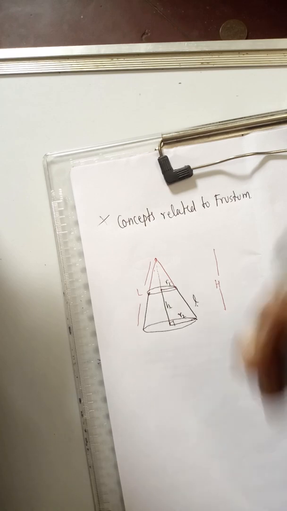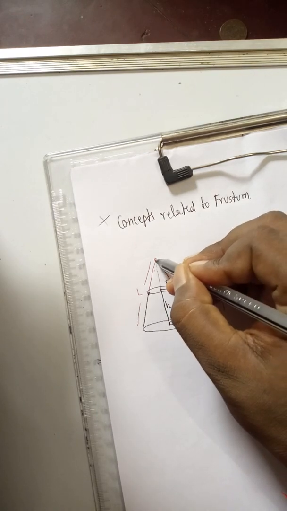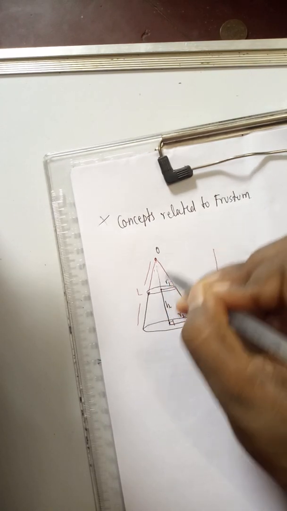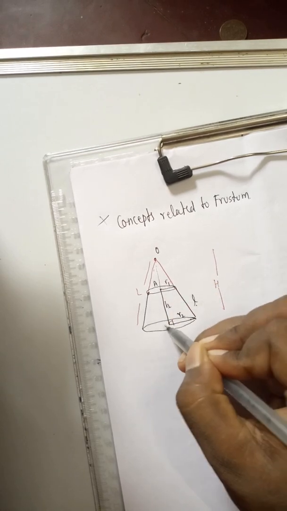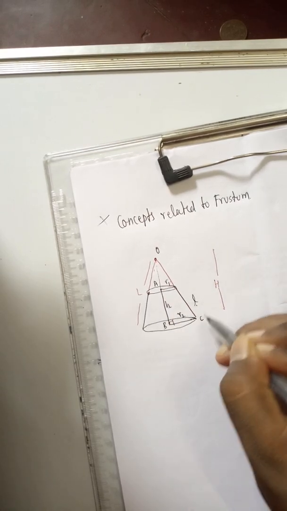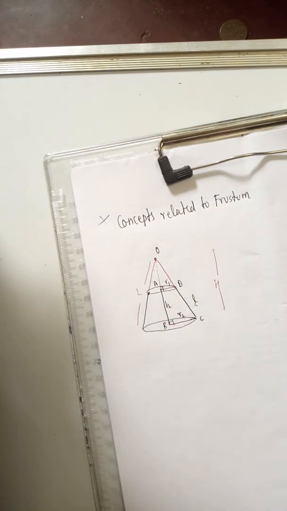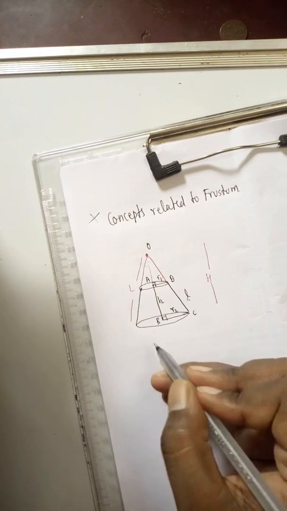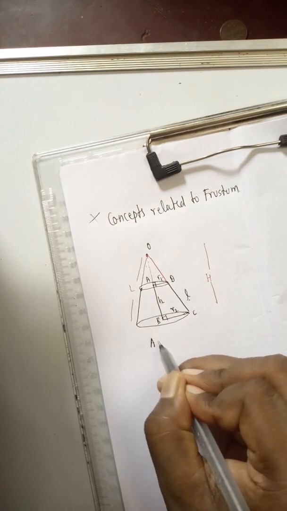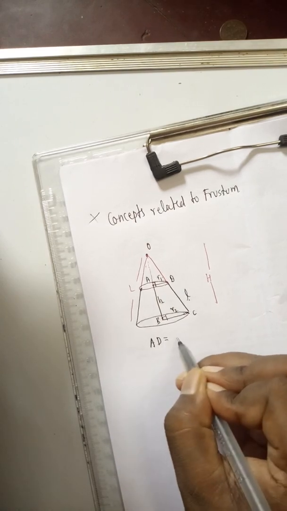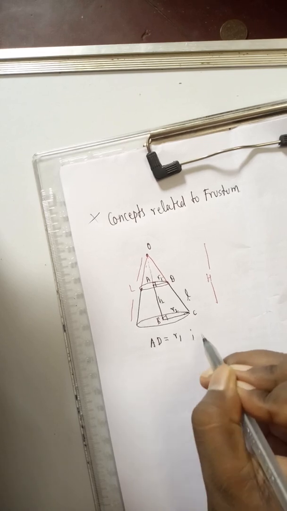So for the upper part, when I talk about this part, let's label this as O, A, B, C, D. These are perpendiculars. So from the figure, I'll write some general information. AD, as I said, it's R1, right?